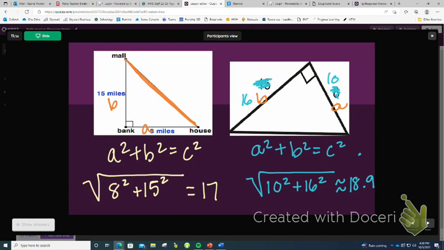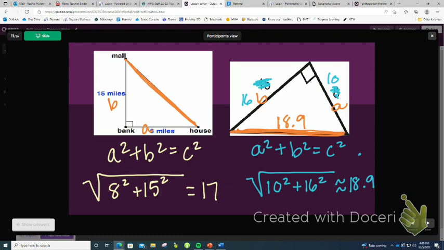A way that you can check and make sure that your hypotenuse is a possible number is by looking at this strategy. So we just solved for that second example that the hypotenuse was about 18.9. Well, if you're having a right triangle, the hypotenuse has to be the biggest side.